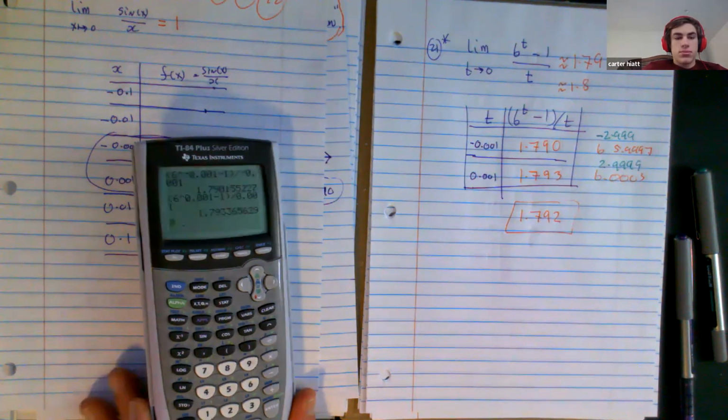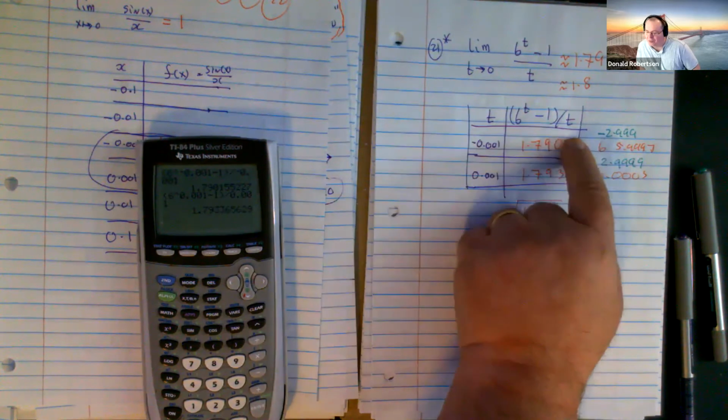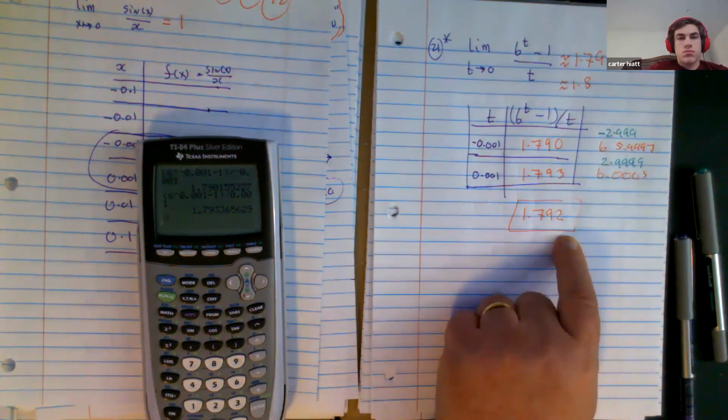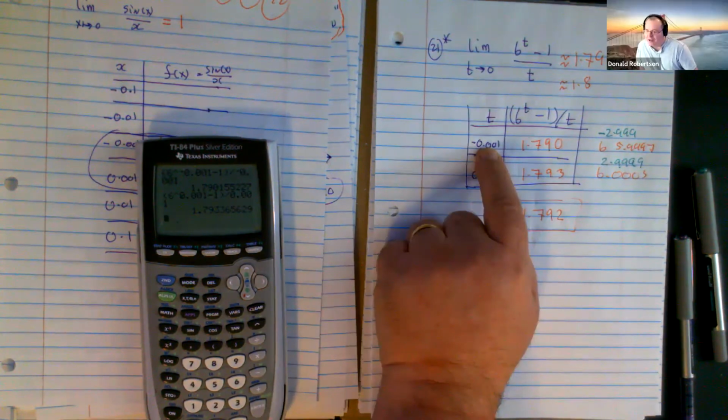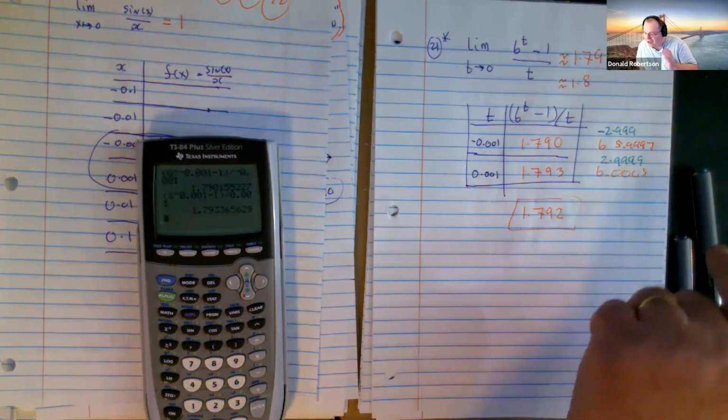Yeah, I think they took the average. I think they wrote this to 6 decimal places and they averaged it out. Or they might have stuck in 4 more zeros here and 4 more zeros here. And both answers look like 1.792, essentially the same number.